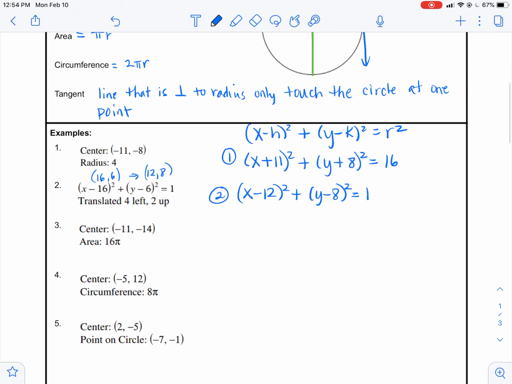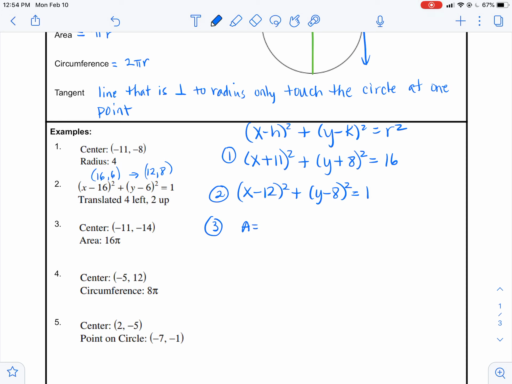On number 3, they give you the area is 16 pi, and in order to write my formula or my equation, I need to know my radius. And so we know that the area is pi r squared, so I can actually do a substitution, and pi r squared is 16 pi.